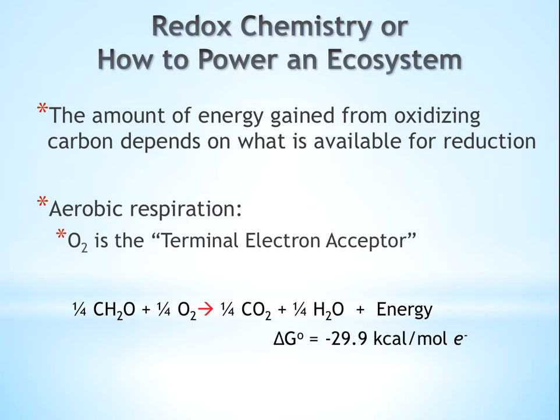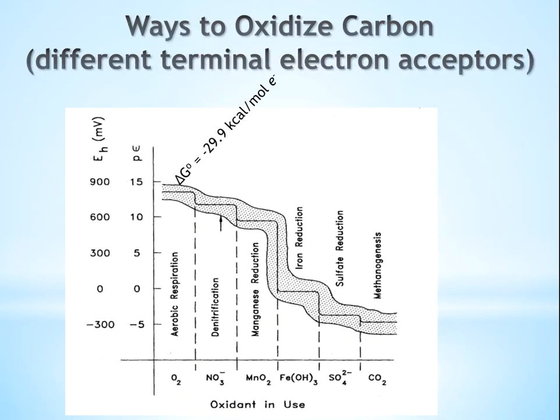The amount of energy gained from oxidizing carbon depends on what is available for reduction. If there's oxygen available, it's used as the terminal electron acceptor. So it is what accepts the electrons and is reduced. In this case, you get a lot of energy when you use oxygen as the terminal electron acceptor. But oxygen isn't always available.